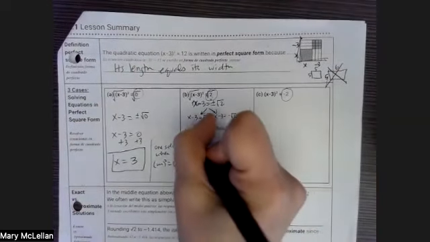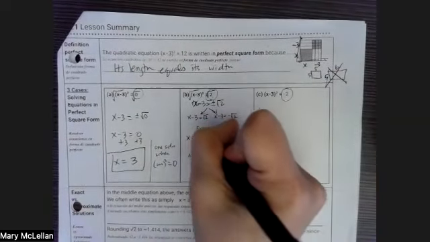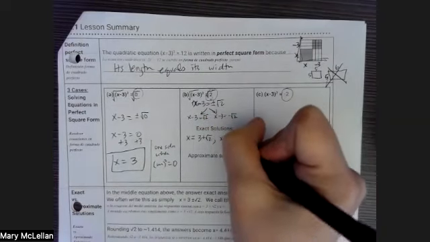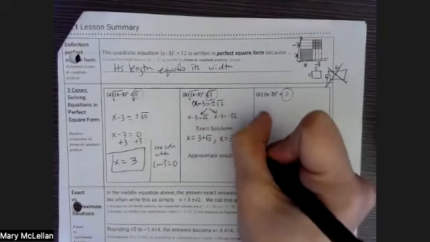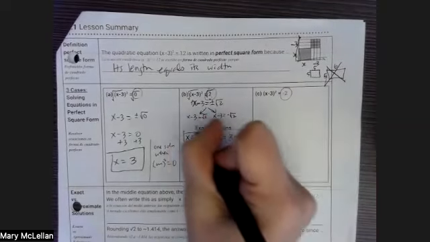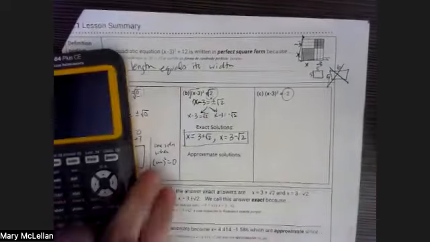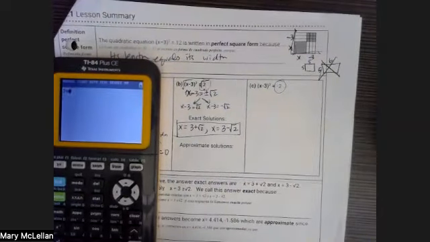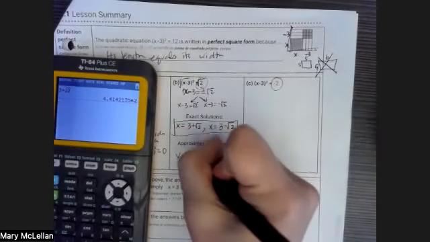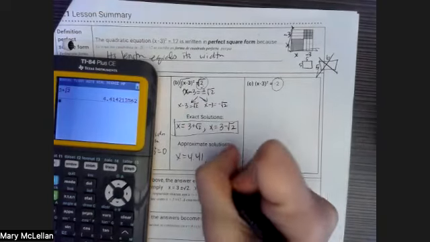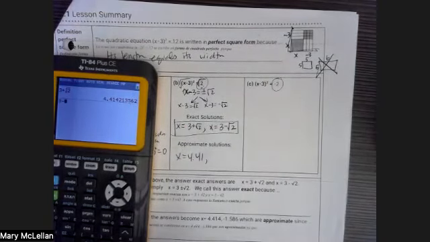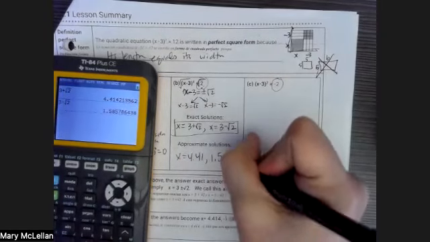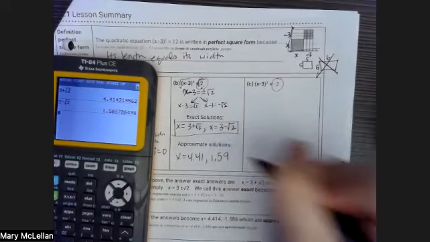The exact solutions are x equals 3 plus root 2 and x equals 3 minus root 2. The approximate solutions? Well, let's check. 3 plus the square root of 2 equals 4.41. 3 minus the square root of 2 equals 1.59, about.